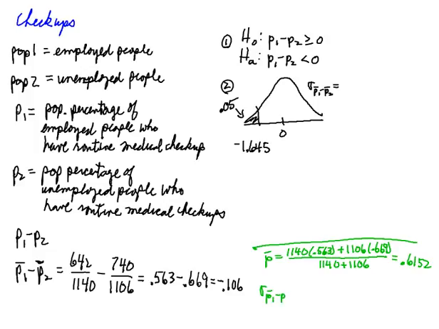And my standard error, plugging that in as a pooled percentage, I get 0.6152 times the complement, and then times 1 over 1,140 plus 1 over 1,106.